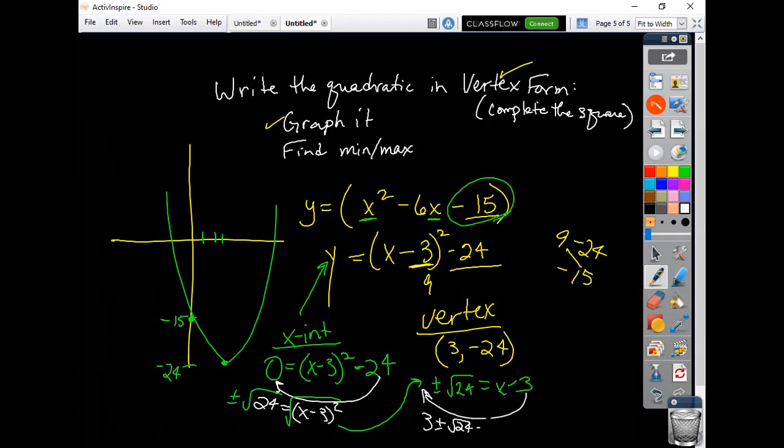I would also remind you that for the square root of 24, because 24 is 4 times 6, under the square root the 4 gets out as a 2. So in simplified form would be 2 times the square root of 6.